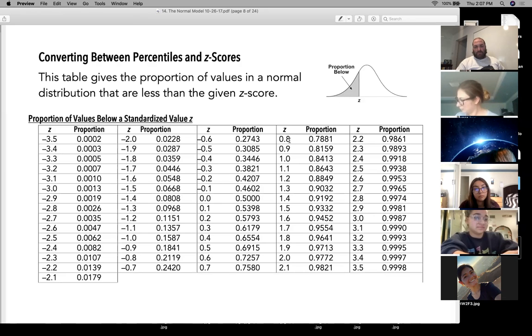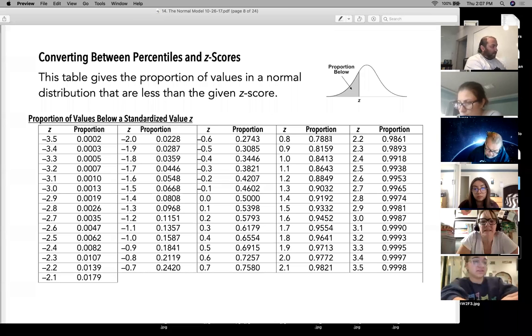For example, if my z-score is 0.8, which is somewhere over here, it tells me that 0.7881, or 78.81% of my data, is to the left, which means 0.8 would fall at which percentile? What's the connection between percentage to the left and percentiles?